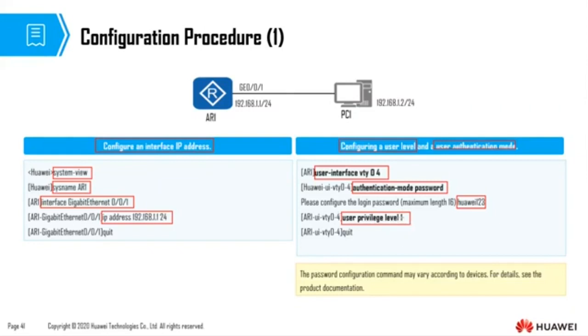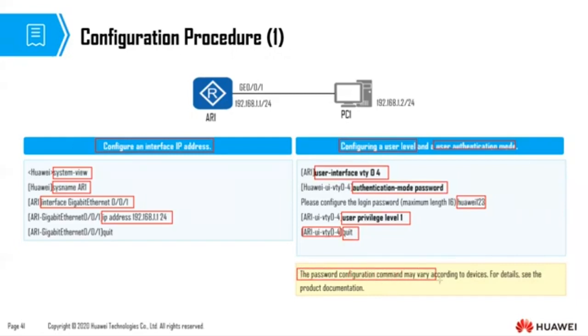So user privilege level 1. We don't want to give them 0. We want to give them 1 so that they can view the configuration commands, but they can't change anything. Of course, you know that quit will get us away from this VTY interface to the system view.